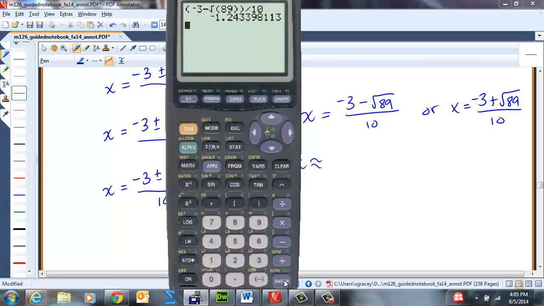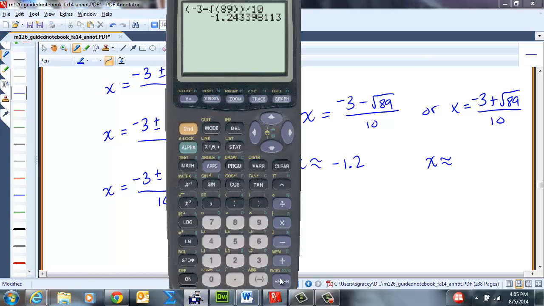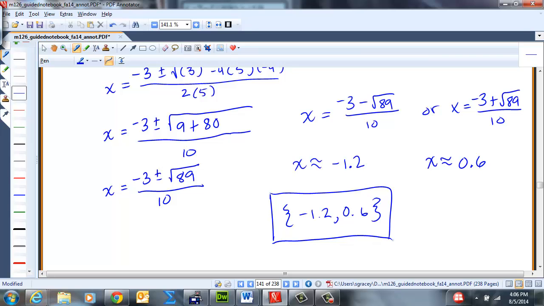And so we get approximately, I think it said to the nearest tenth, negative 1.2. And then over here, I'm going to hit second enter and then just change the minus to a plus, and we get approximately 0.6. So negative 1.2 and positive 0.6 are the approximate real zeros and the x-intercepts of this rational function.